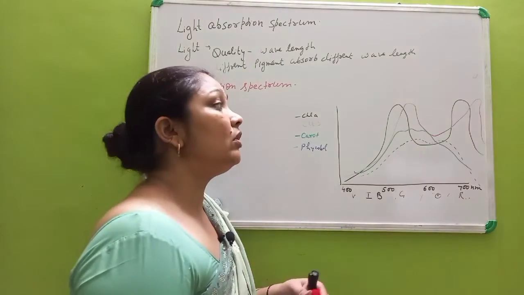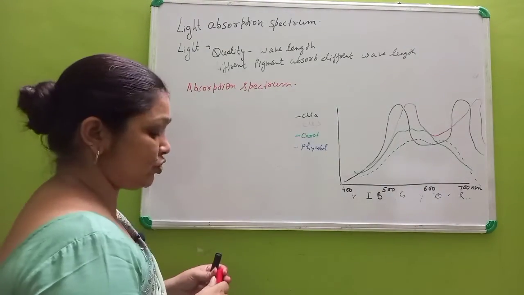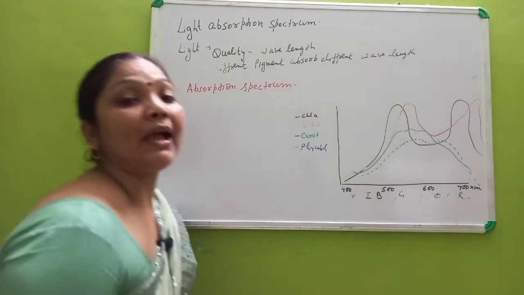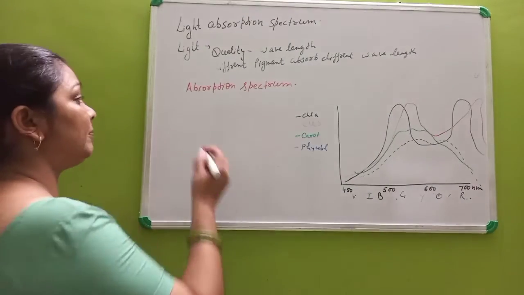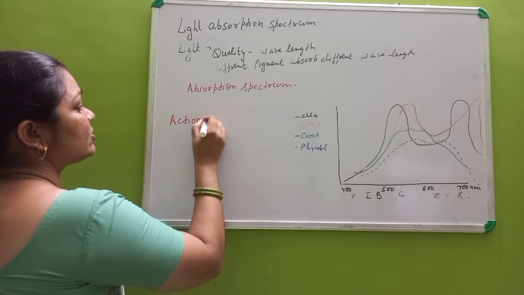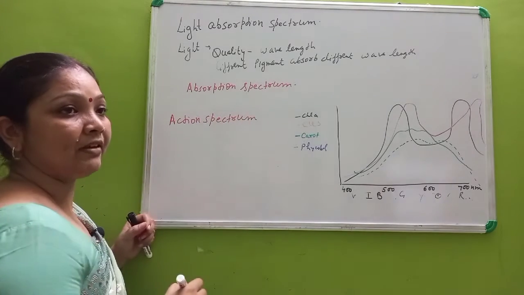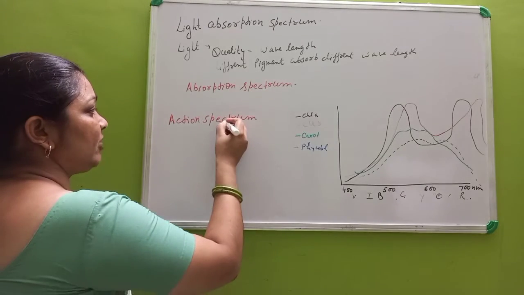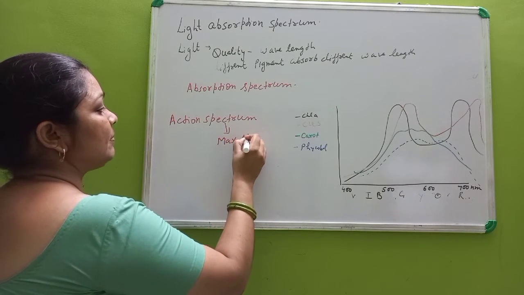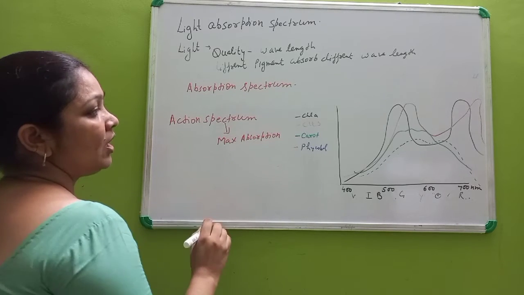Where the maximum absorption is shown by the pigment, that is called the action spectrum. Action spectrum means where the maximum absorption occurs.